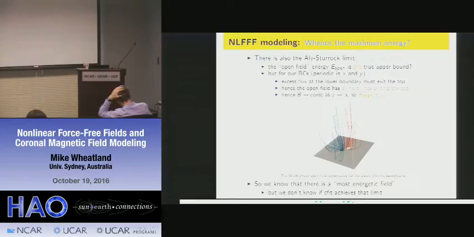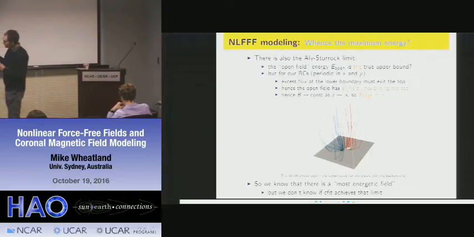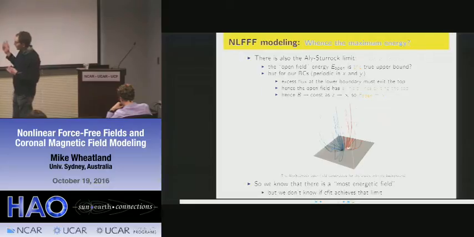Then, for each point in the volume, you identify whether it's on a field line that connects to your spot which was initially positive or negative. For the ones which connect to the points which were initially negative, you change the z direction of your field. So those field lines then connect back down to the boundary. So here I've drawn a little diagram where the red ones are the ones that are going upwards and the blue ones are the ones that are going downwards.